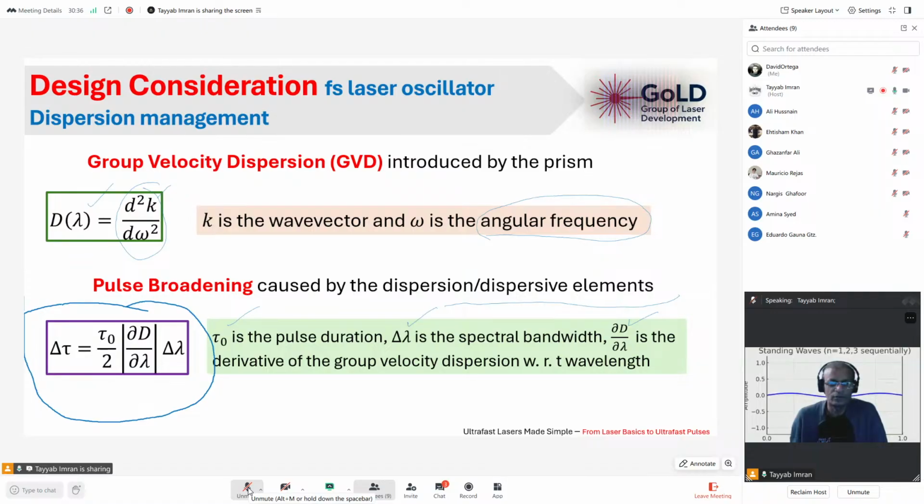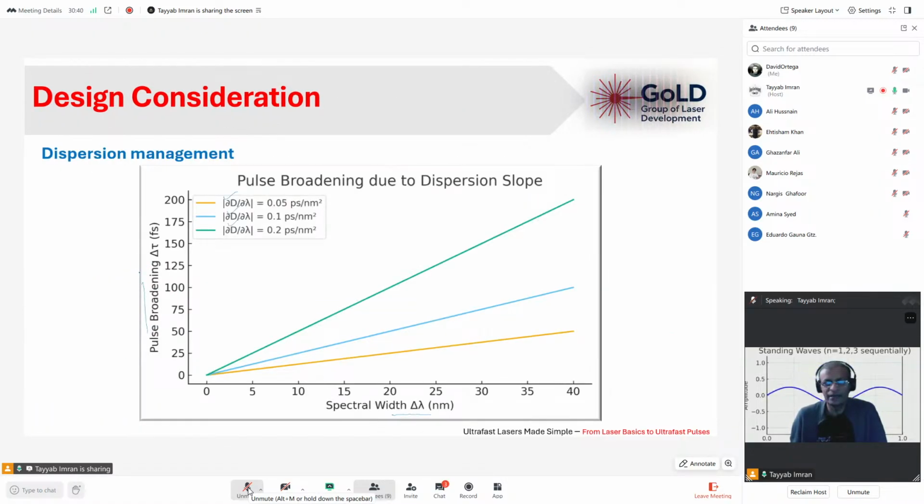So keep in mind, on this side there is pulse broadening, and this side is spectral width. And these are different dispersion values, like green is higher, definitely, then comes blue, and then orange. So it's obvious that as the spectral bandwidth or spectral width increases, pulse broadening also increases. It's not pulse duration, it's pulse broadening.